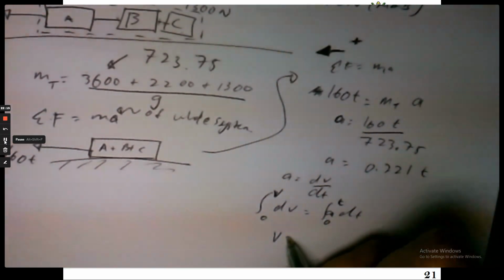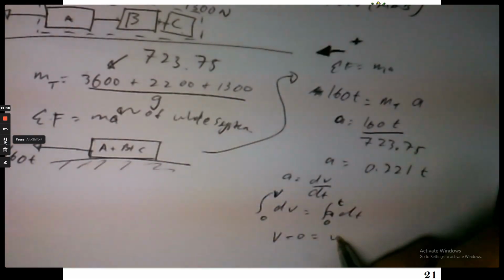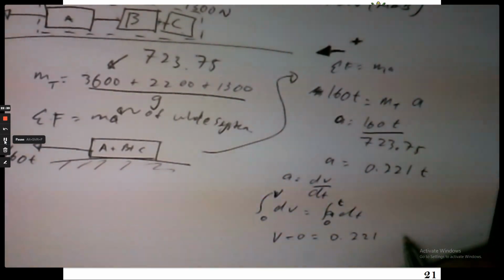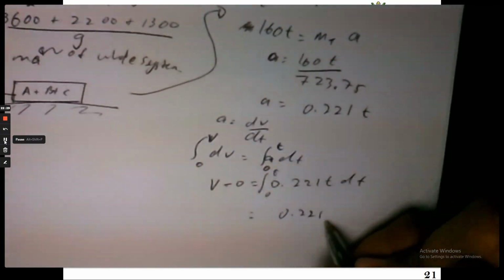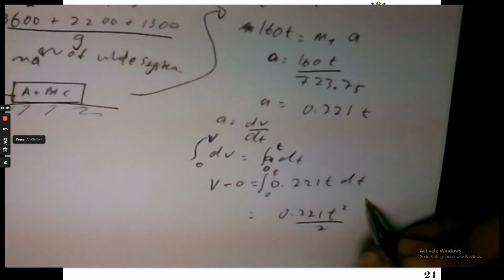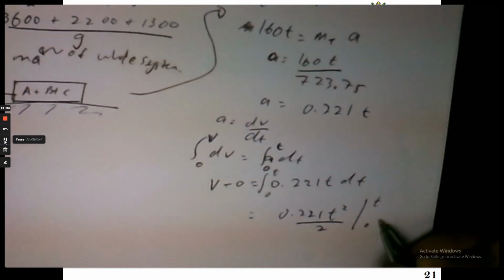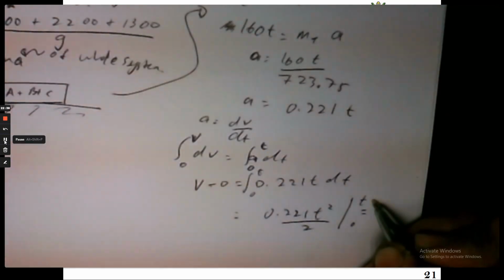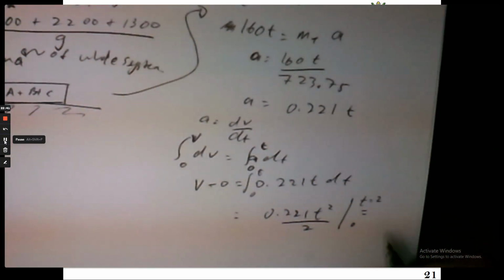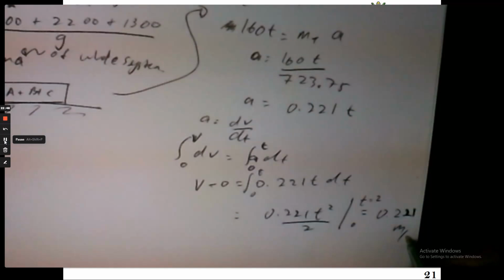So v minus 0 equals the integral of 0.221 t dt from 0 to t, and from there 0.221 t squared divided by 2, from 0 to t. Then t equals 2, so it becomes 0.221 meter per second.